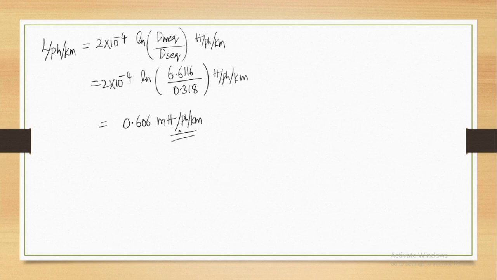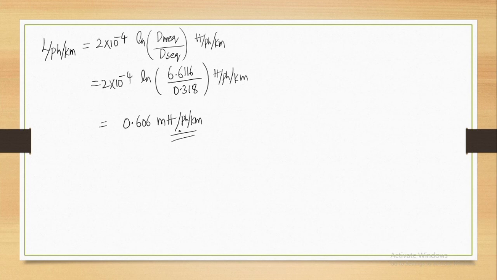So in the first problem we have seen how to find the inductance of a single phase transmission line, single phase 2-wire line with 3 conductors on one side and 2 conductors on other side. In the second problem we have seen how to find the inductance of a double circuit line which is arranged in an unsymmetrical fashion and it is transposed. In that case, how to find the inductance, right?